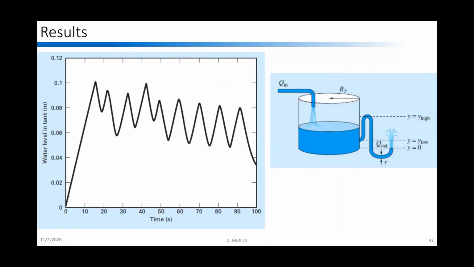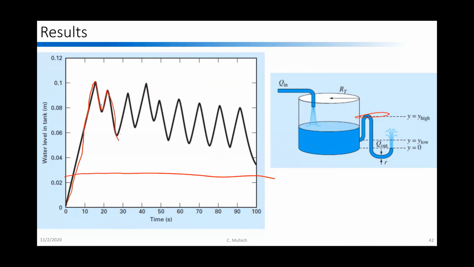So at the beginning, like expected, the water level in the tank fills until it gets to the height of that siphon level. And then it starts to empty. But oddly, it doesn't go all the way down to the level of the tank. So that doesn't go down to that y low, which would be somewhere down here, right, before it starts going back up again.